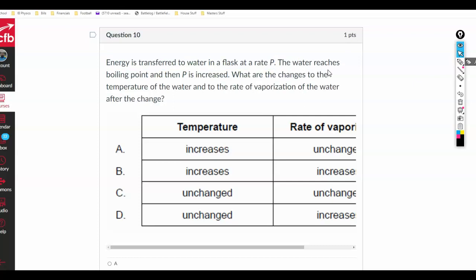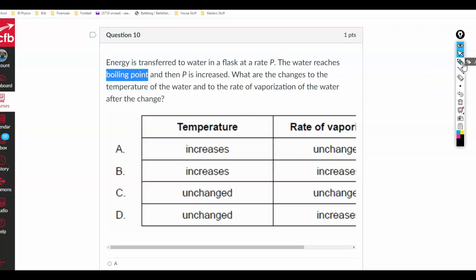The water reaches boiling point and then P is increased. Okay, so in other words, we increase the power, or the number of joules per second of heat that we're adding to the water. But look, if it's at the boiling point, even if you increase P, what happens to the temperature during a phase change? Well, the answer is nothing. During a phase change, the temperature doesn't change.